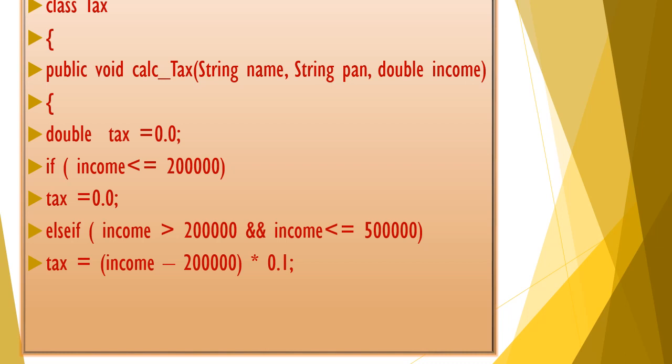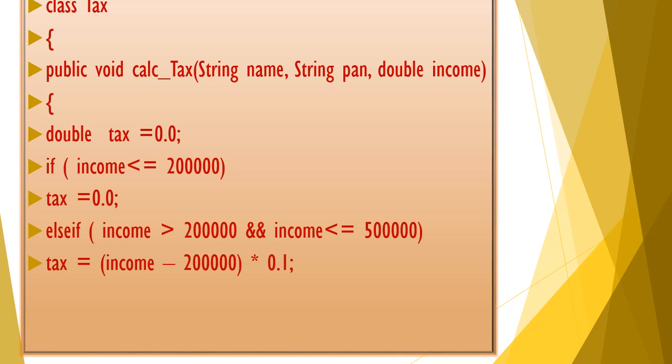And then we check the next condition. Else if income greater than 2 lakh and income less than or equal to 5 lakh. That means if the income lies in between the range of 2 lakh and 5 lakh, the tax to be paid by the citizen is income minus 2 lakh into 0.1.